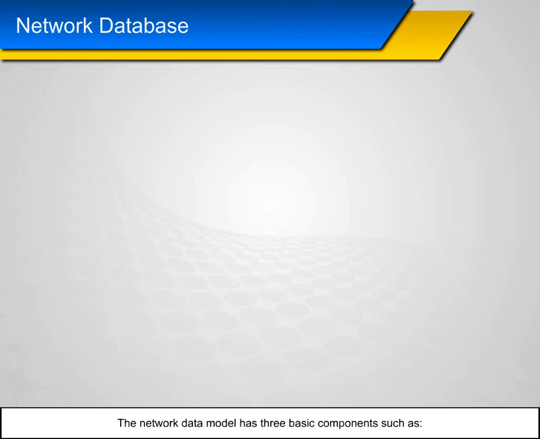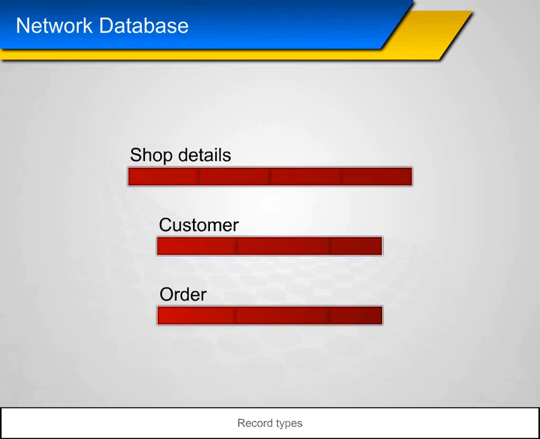The network data model has three basic components such as record types, data items, links, that is set types.